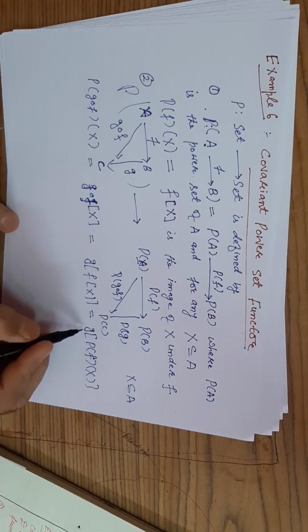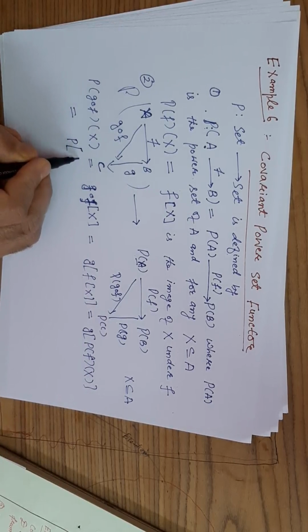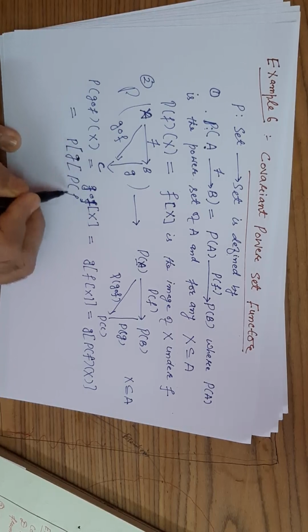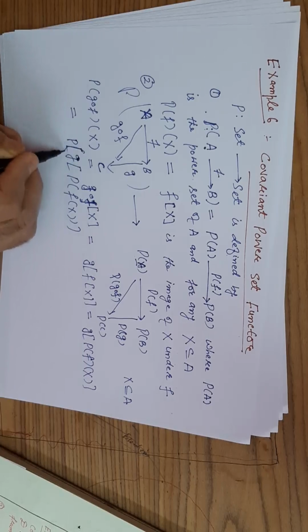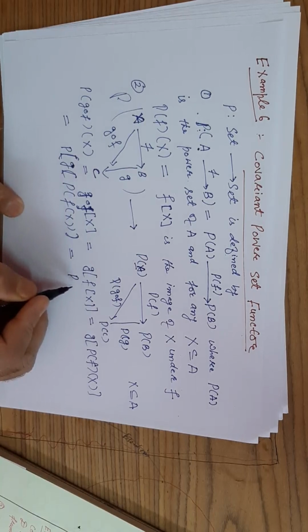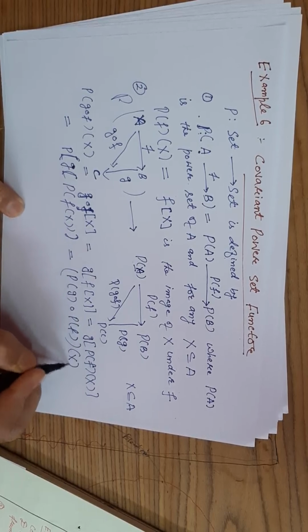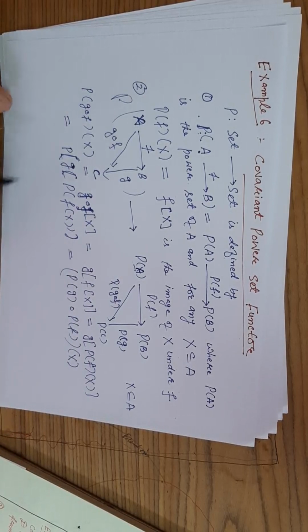And G of this thing is actually P of G of P of F of X. So this you can write as P of G composition P of F of X. So this means you are through.